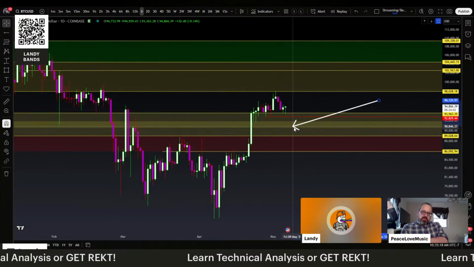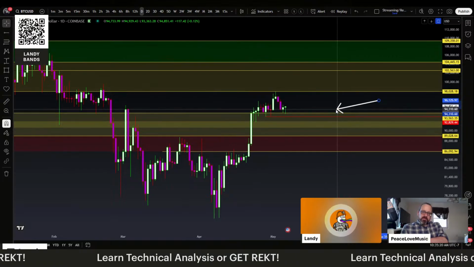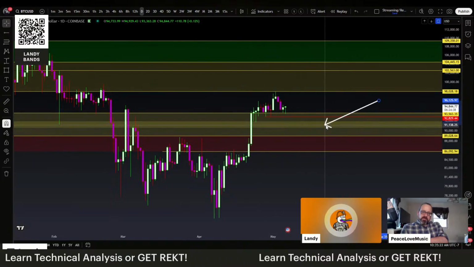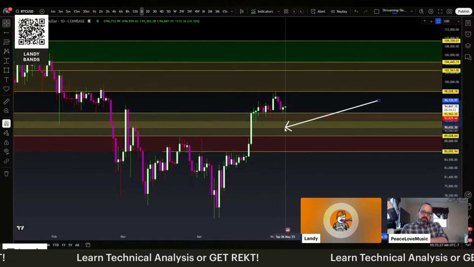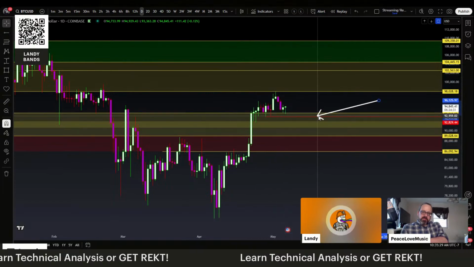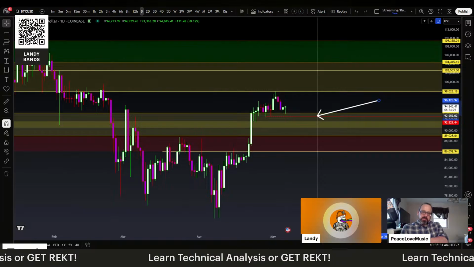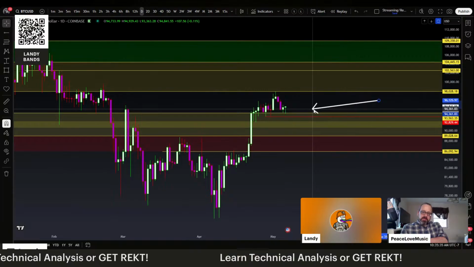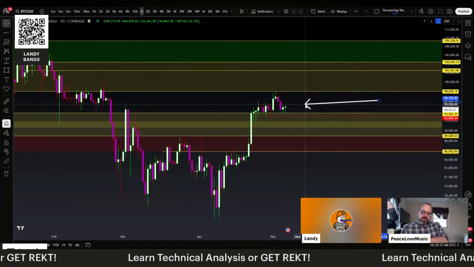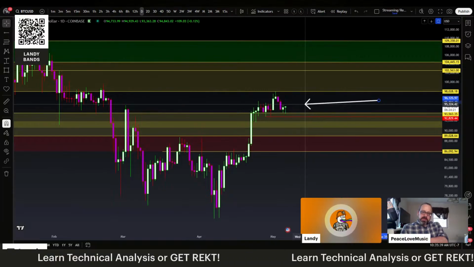So we could see price go and carve out some and try to find some support within the weekly zone of interest down there. But if that's lost, it's pretty much dropped to the bottom support at 89 based on prior price action and prior auctions.